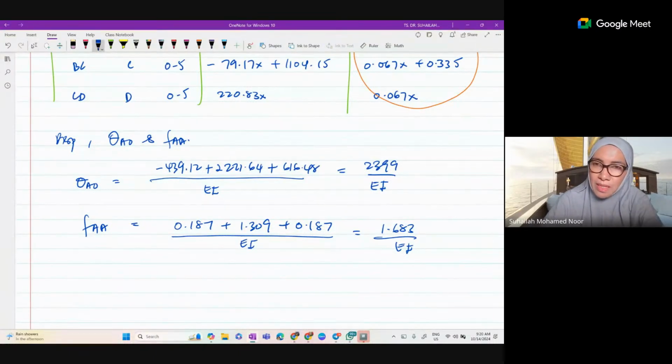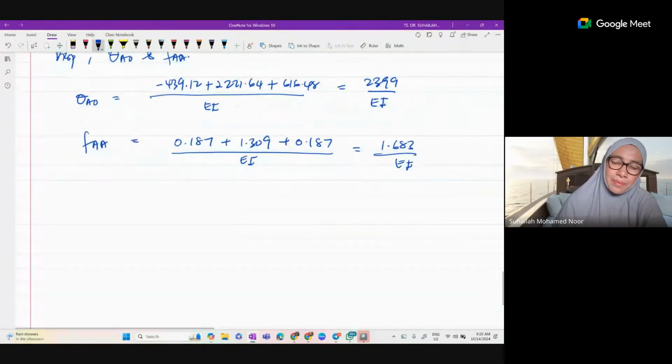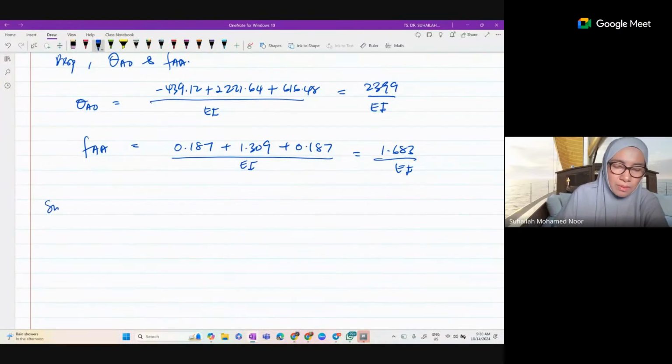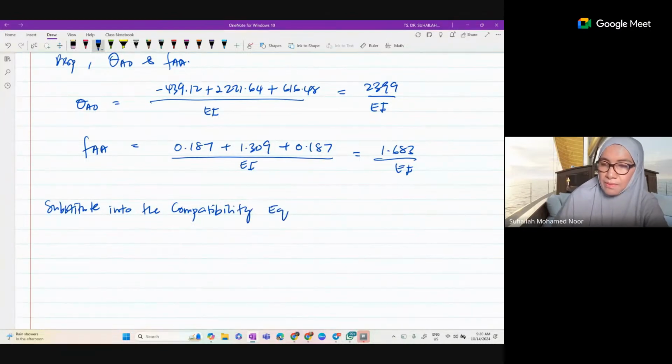Displacement, one in primary system, one in redundant system. Okay, so substitute into the compatibility equation: theta A naught plus FAA times MA equals to 0.